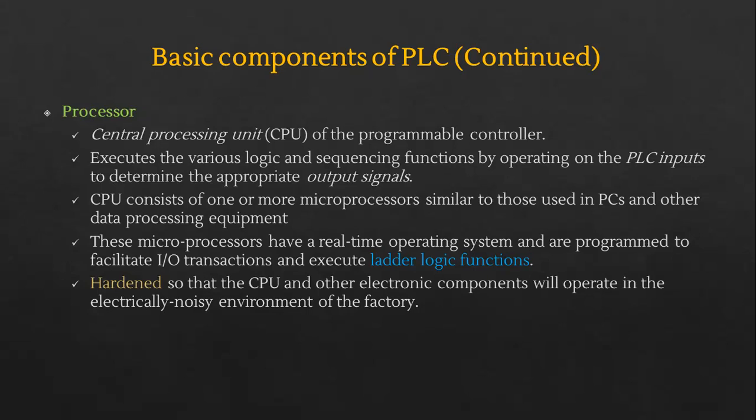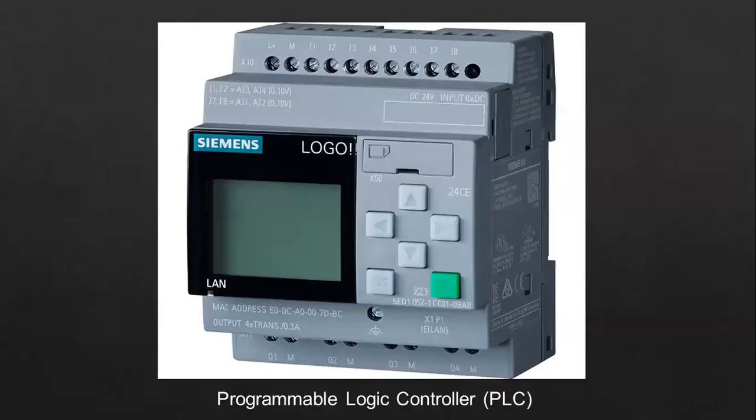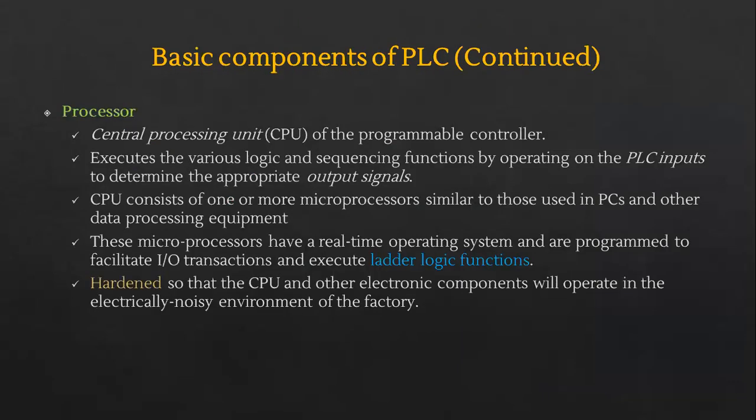So in that environment of the factory, the equipment that we are using has to be enclosed. Okay, that is why we are using the word hardened. Okay, so it is basically completely packed, as you can see here, to be able to operate without the outside electrical disturbances that we have.